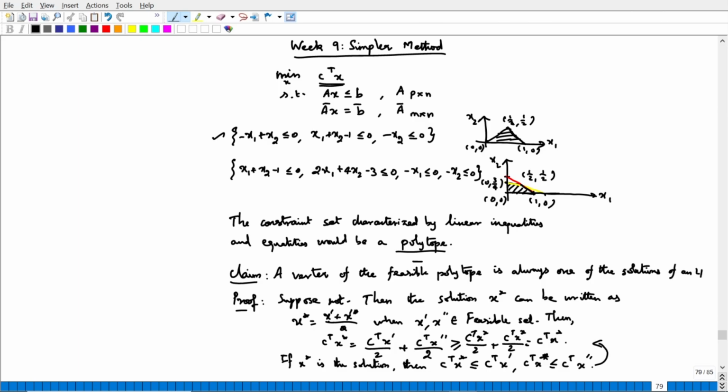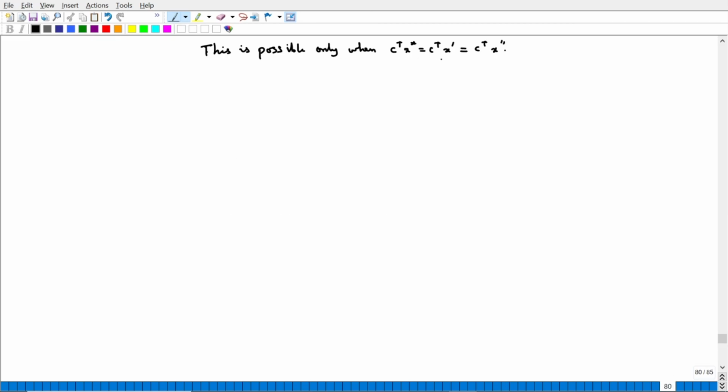Of an LP. Okay. So, what this tells us is that if it turns out that C transpose X star equals C transpose X dash equals C transpose X double dash, then you can extend it throughout the line if it is 2 dimensional, or the plane if it is n dimensional, right.